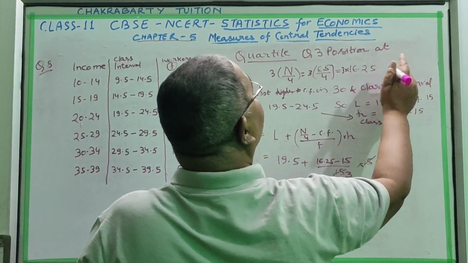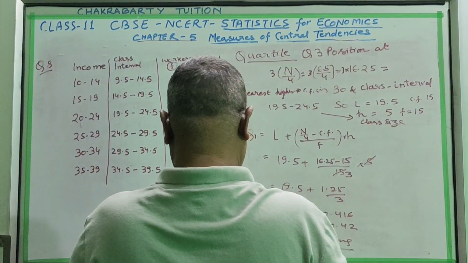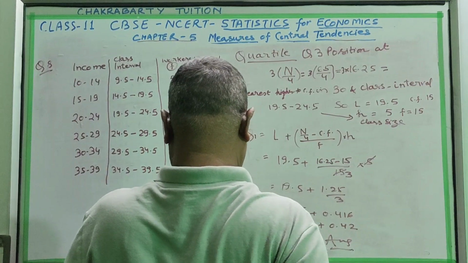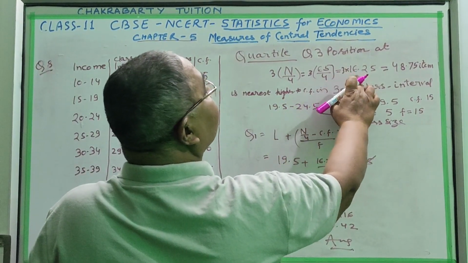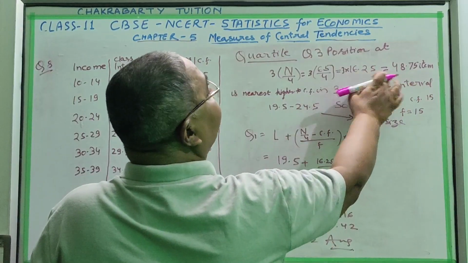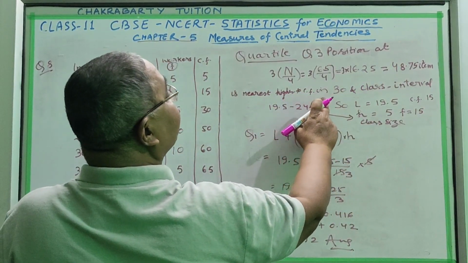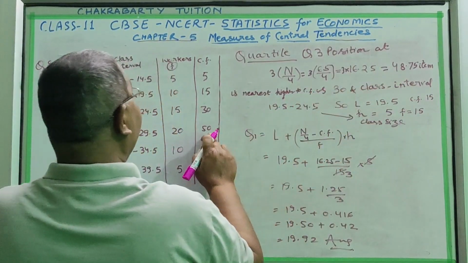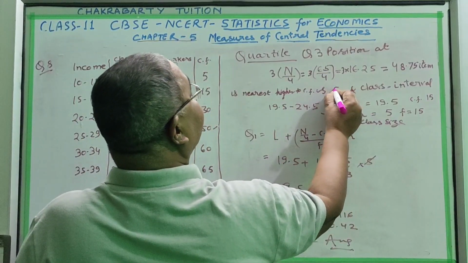How much will it come to? We multiply 16.25 by 3: 16 times 3 is 48, 25 times 3 is 75. So 48.75. Okay. So its nearest cumulative frequency is 50.